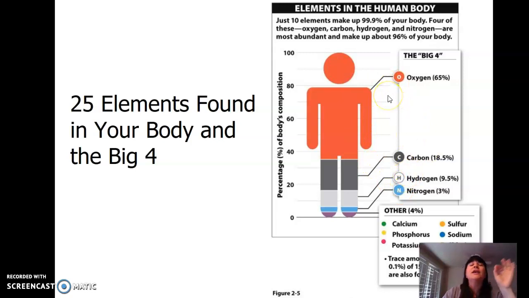Those are the biggies. Guaranteed this is going to be a test question. So what are the major elements in our bodies and in living organisms? Oxygen, carbon, hydrogen, nitrogen. And then these guys are found in much smaller quantities. So if you look, the big 4, they're 96% of our body. And then the others are about 4%.